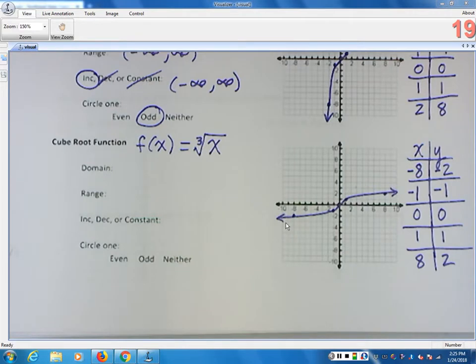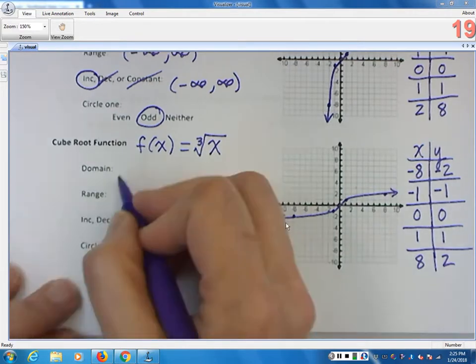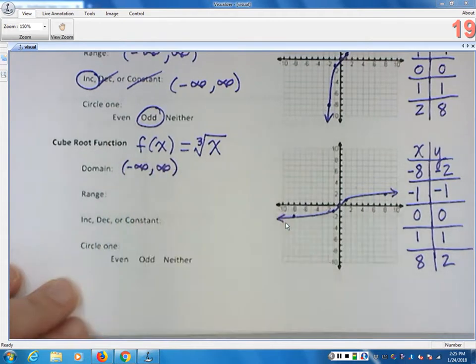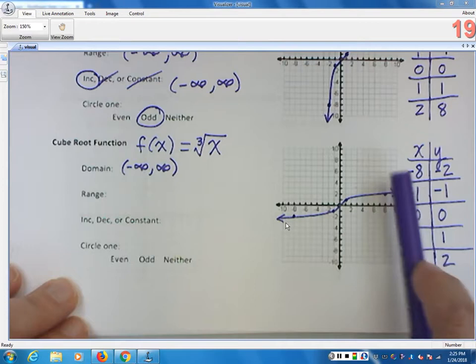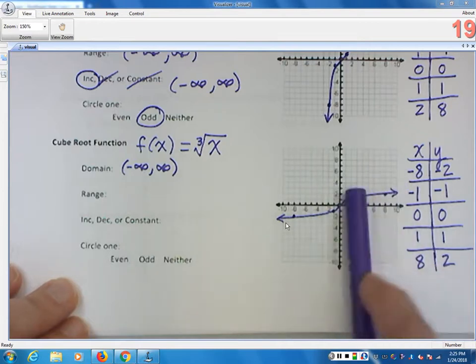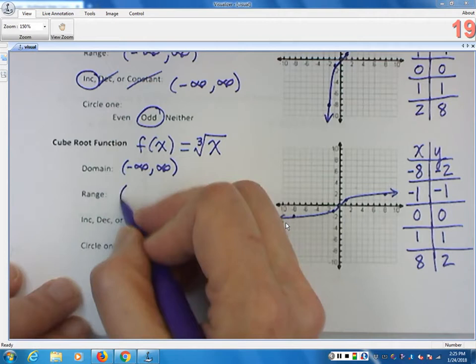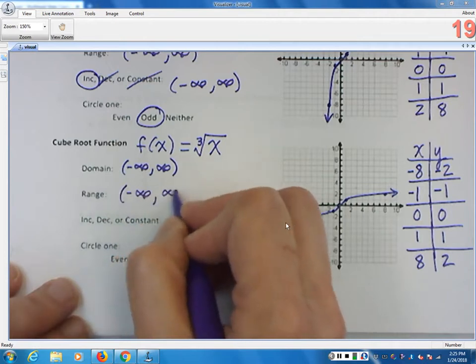So projected to the x-axis, the domain is minus infinity to infinity. What's the range? Even though it's at an angle, it keeps going both ways. The range is again minus infinity to infinity.